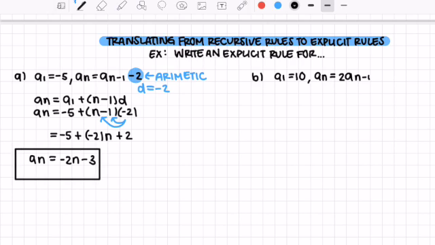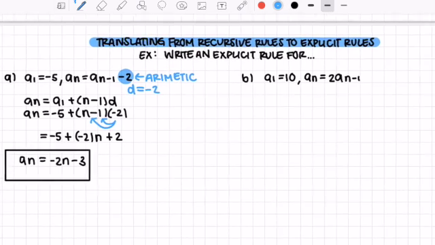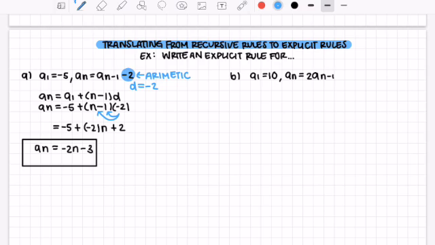Cool. Alright, let's look at the next one. Next one over here on the right side. Automatically, we do have the formula of the geometric rule. So I'll write down this is geometric. And in that formula, we automatically know that 2 is supposed to be identifying our rate.